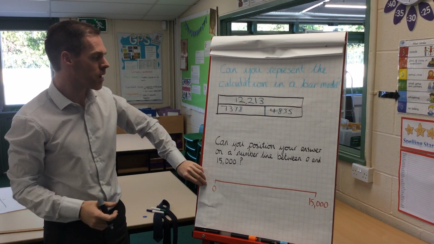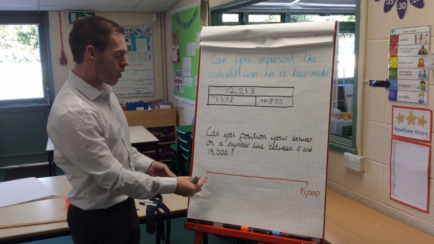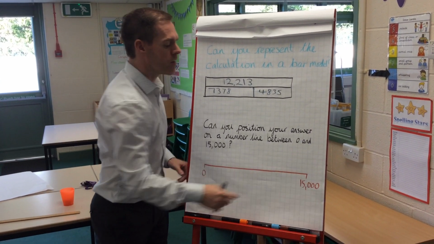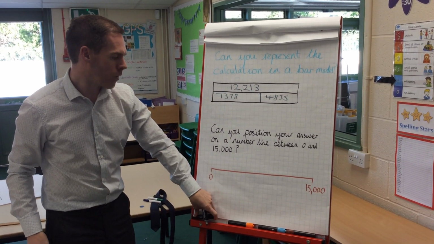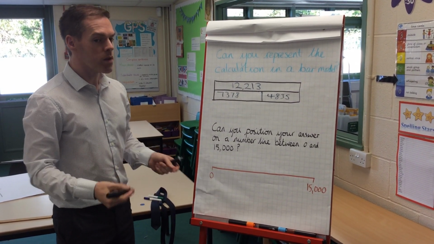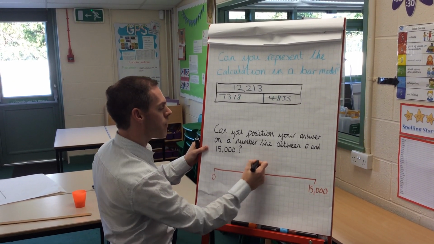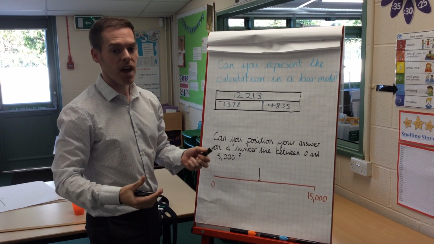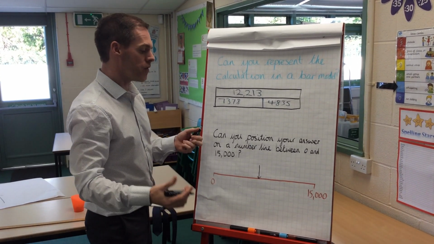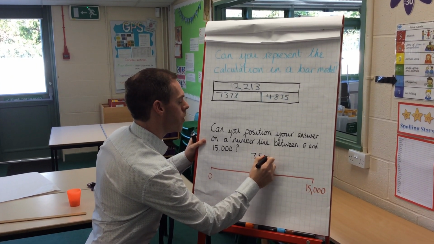So it's always good to represent it in a bar, but I could also position the answer on a number line. So here I've got a number line between 0 and 15,000, and I want to put that 12,213 on the number line in the right place. And when we're dealing with number lines, we always find the halfway point first. So half of 15,000, half of 15 is 7.5. So half of 15,000 is going to be 7,500.